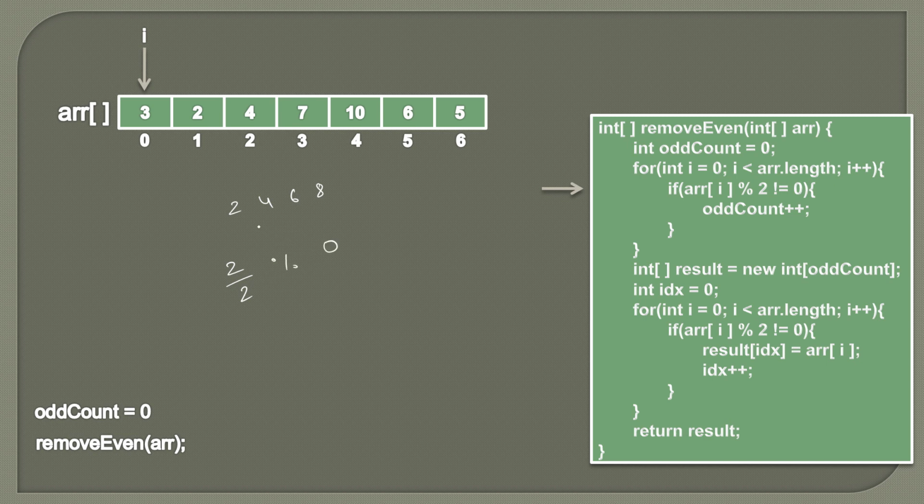So even integers when divided by 2 give remainder 0. And if we take the odd integers 1, 3, 5, if we divide 3 by 2, we get remainder 1. If we divide 5 by 2, we get remainder 1. So if the remainder is not equal to 0, it means it's an odd integer.